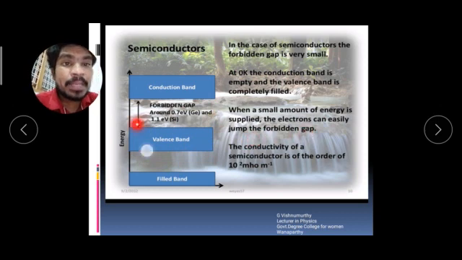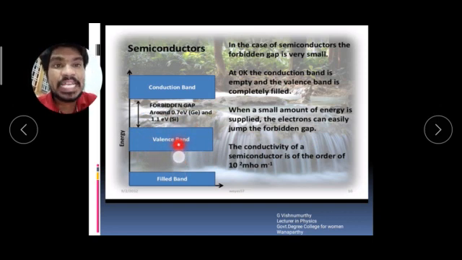When we apply some external energy to this valence band, some of the electrons absorb the external energy, jump the forbidden energy gap and reach the conduction band. Then the current will flow through the material.